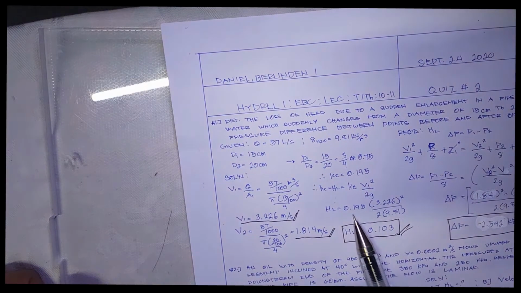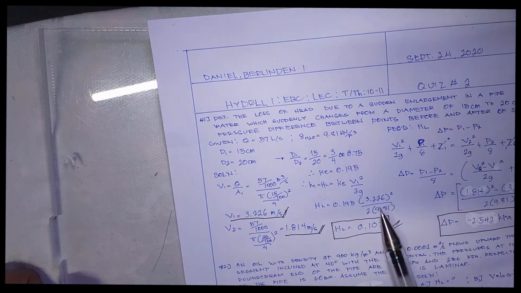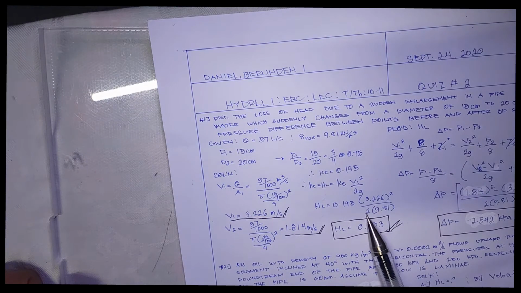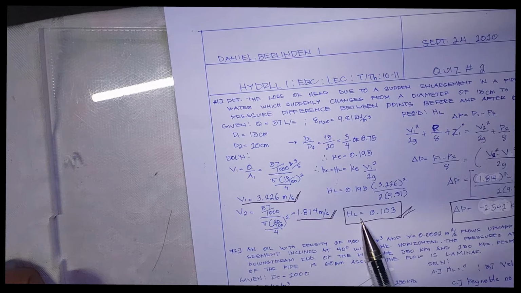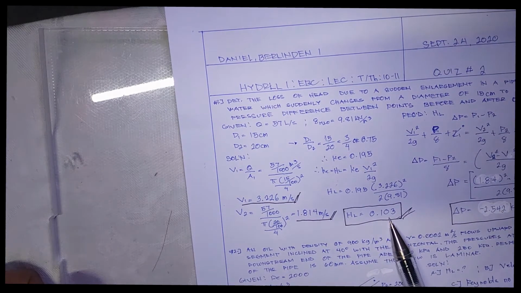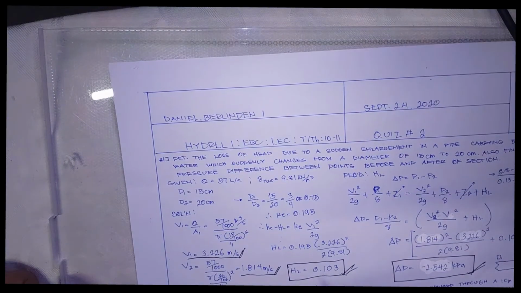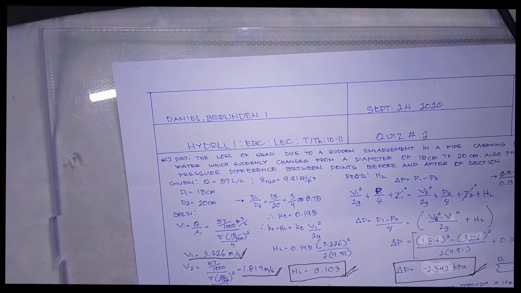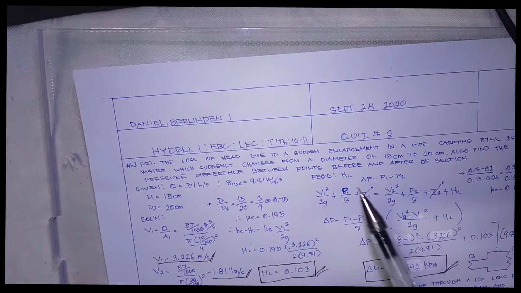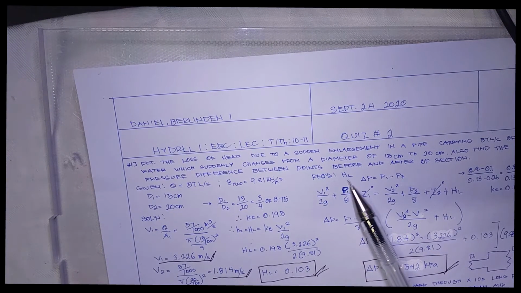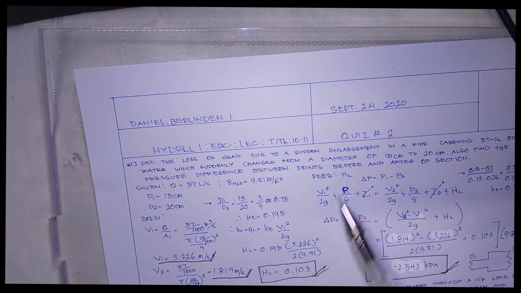So substituting the value, 0.195 multiplied by 3.226 squared over 2 times 9.81. So we have the head loss, which is equivalent to 0.103. So we have the value for the first required, which is head loss.